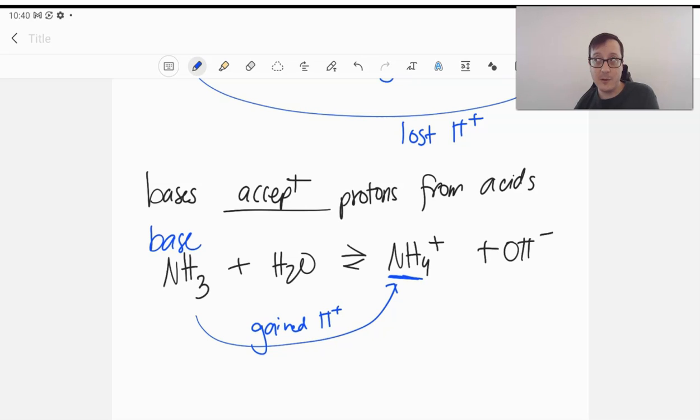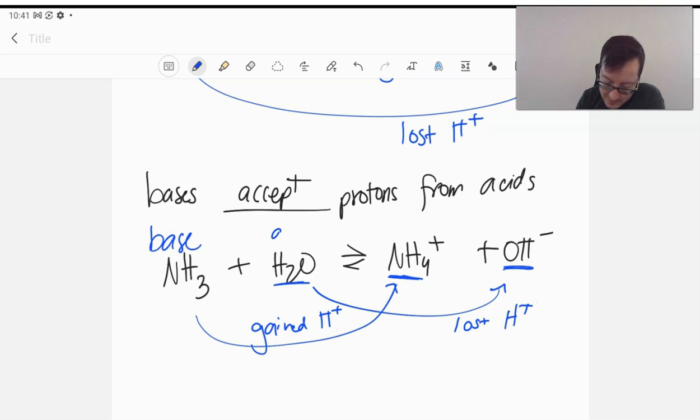And thankfully, because we really only need to figure out one thing, once we know the base, we know the acid, right? It's the other one. But let's just be good about this. We see this OH minus is similar to the H2O. We see that the only difference here is this has lost H plus. Therefore, this will be our acid in this reaction.